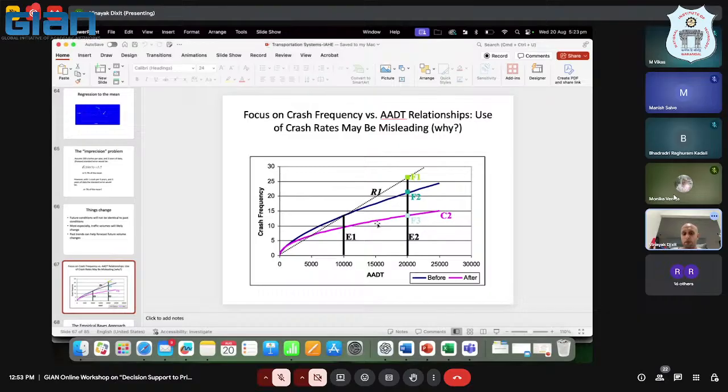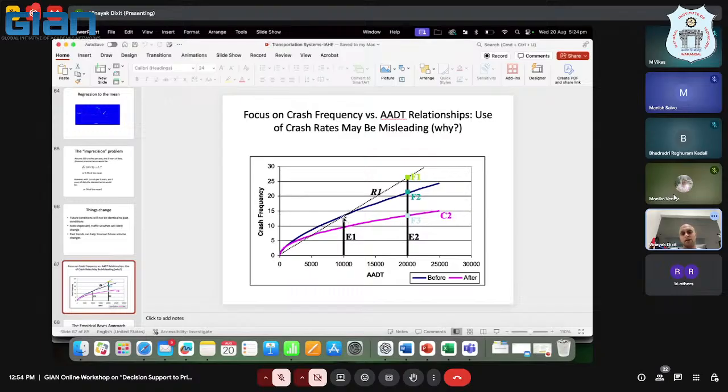When we looked at a before and after, what we might find is that before, we had 13 crashes per year. That was the crash frequency, 13 crashes per year, and the ADT was only 10,000. It took us 1 to 2 years to implement the intervention, whatever that intervention might be.